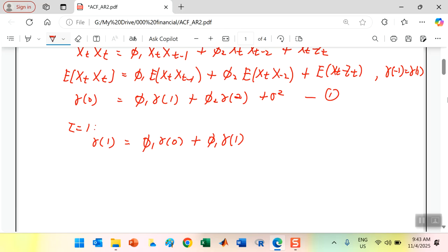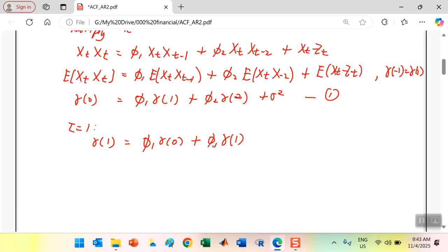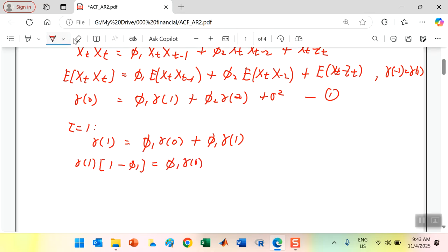So if you rearrange this equation, put gamma 1 to one side, you're going to have gamma 1 times 1 minus phi 2 equal to phi 1 gamma 0. Oh, sorry, this is phi 2.